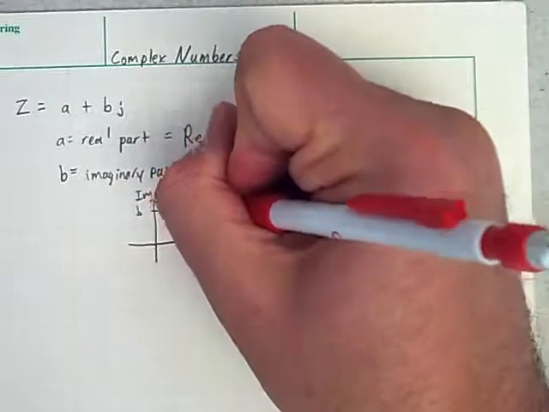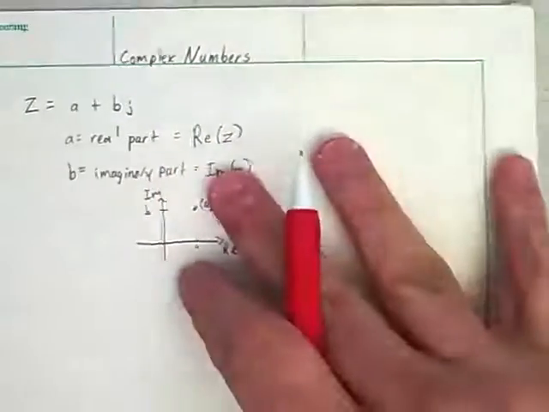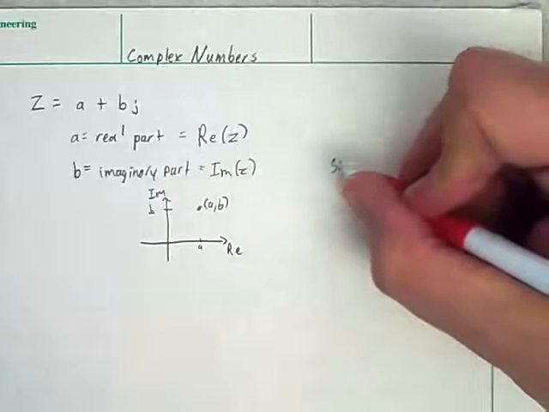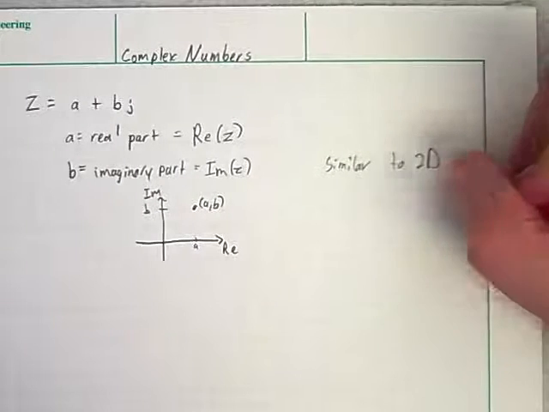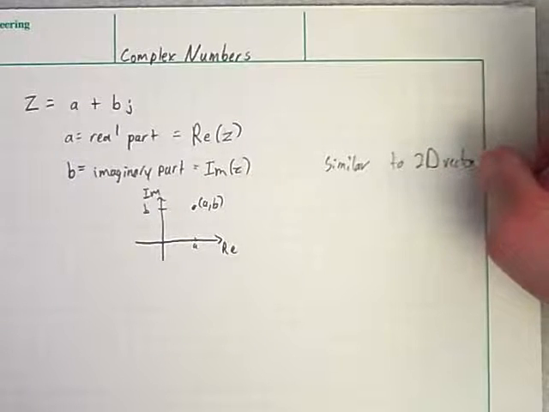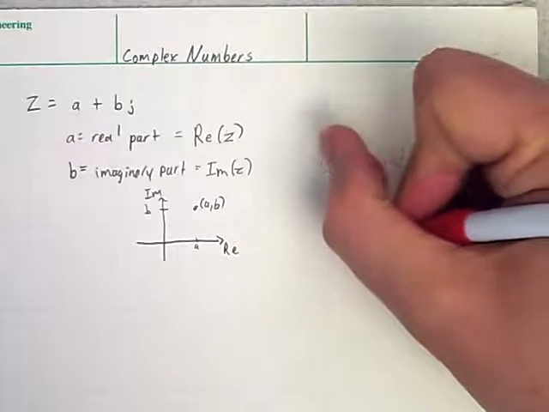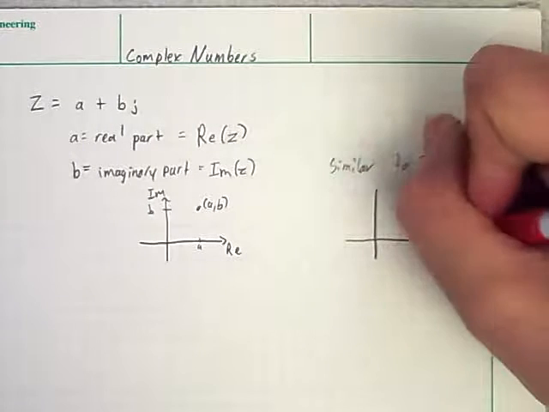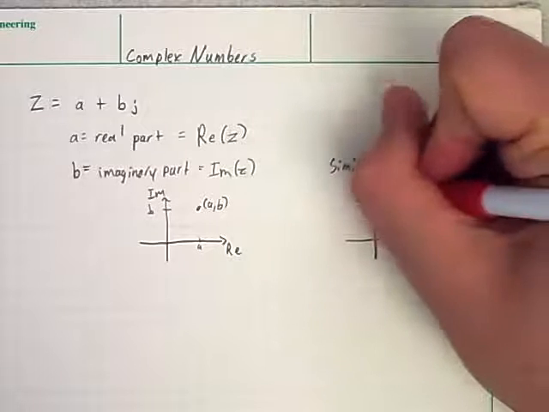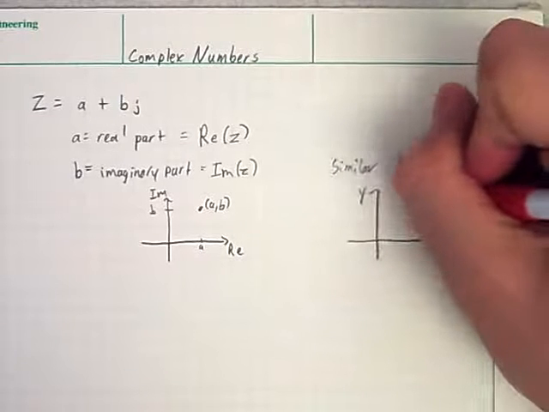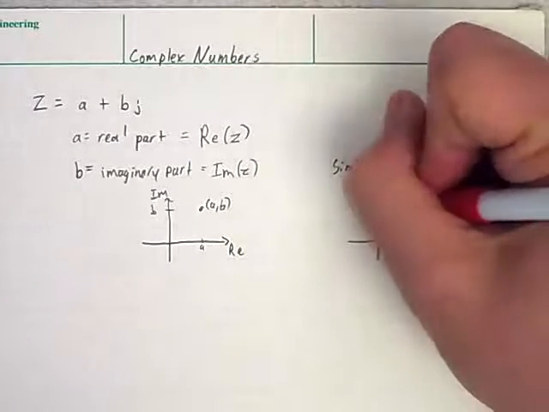We have some point A, B. And that should look very familiar to you from 2D vectors, if you've done that part, because we had X and Y, and we might have a point A, B, where this is A and this is B.